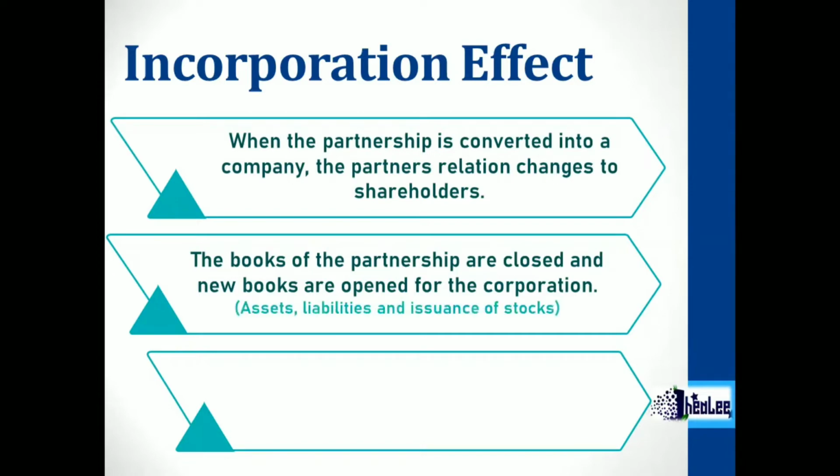And therefore, you now have within that corporation the assets and the liabilities coming from the partnership business that is now incorporated, and the issuance of stock, because remember, you're changing over from partnership to a company. So stocks will be issued to the partners that are converting to the corporation, and their capital would be used to purchase stock. It is based on the amount of capital that they have in the business that they'll be able to purchase shares.